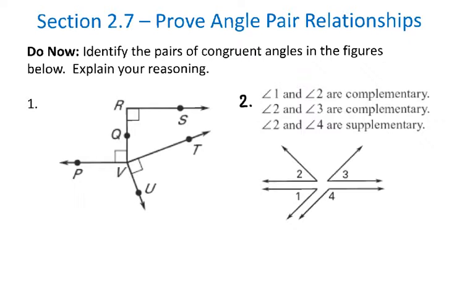So we can identify angle PVQ is congruent to angle UVQ, and that is congruent to QRS.